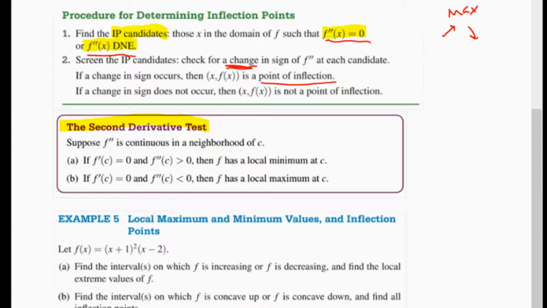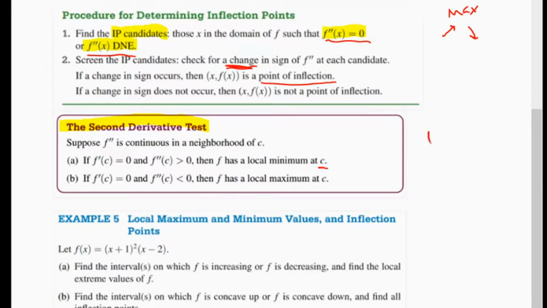But once we know that our function is worthy, then we can apply this test to find our local maximums and minimums. If your derivative is equal to 0, and if your second derivative is greater than 0, then you can say that at this particular point C, you have a local minimum.